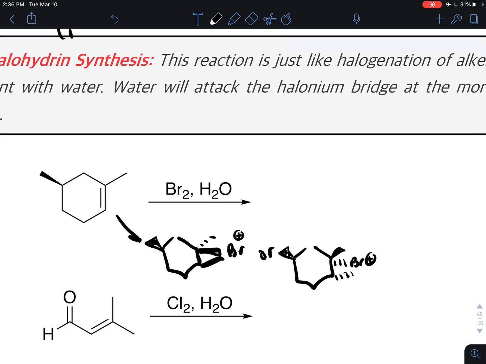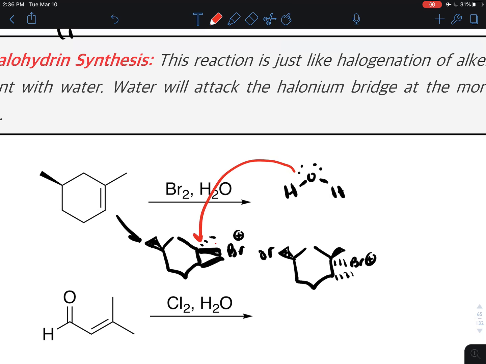Okay, so now your next reagent is going to be water. And then that water molecule is going to do the same exact thing that we saw. It's going to attack the more sterically accessible side of this halonium bridge, and also the more substituted position of that halonium bridge, because it has more partial positive character.